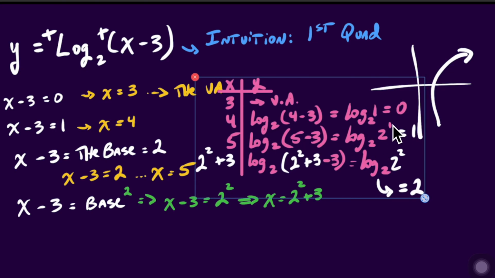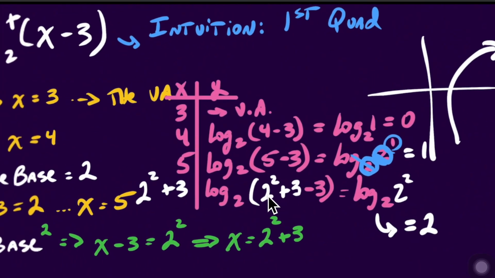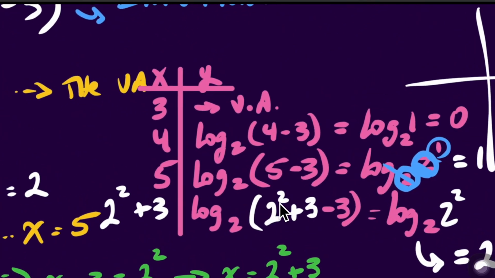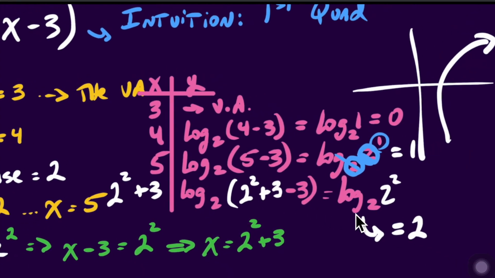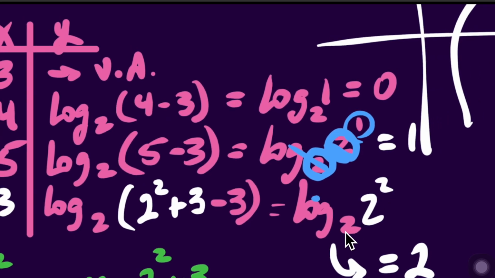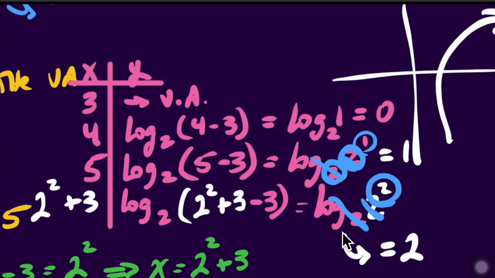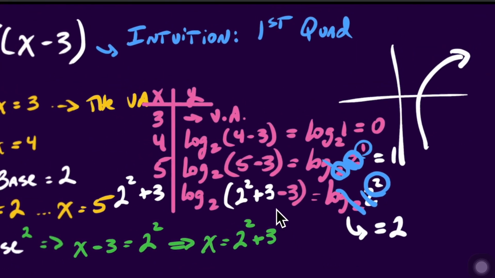The base of the log matches the base of the argument, so they are going to cancel out, leaving the exponent of the argument. Finally, when we insert 2 to the second power plus 3 into our argument, we could see the plus 3 and minus 3 cancel out. Here, now, in the argument, we have 2 to the second power. Everything cancels out except for the exponent, and we end up with a y value of 2.